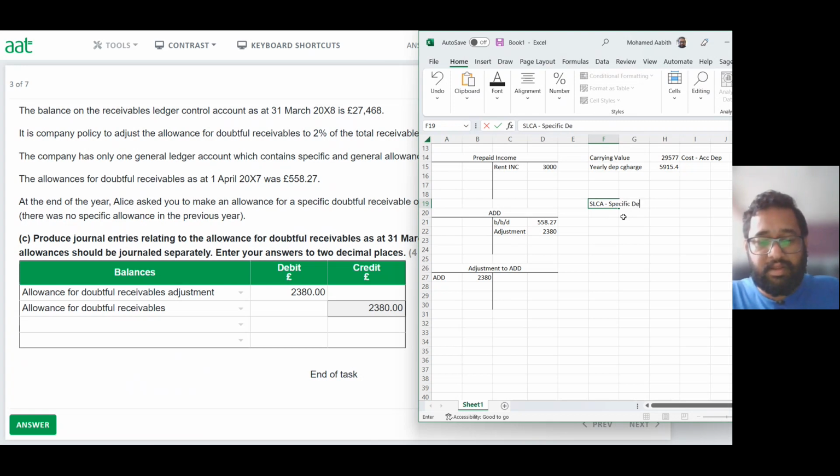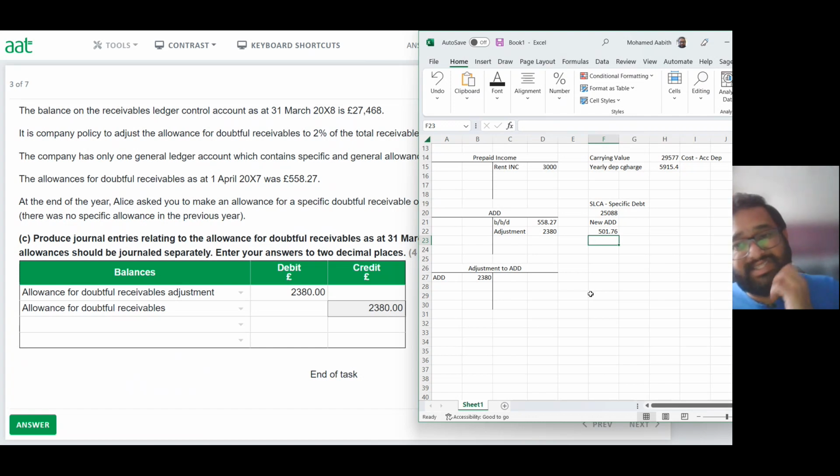Specific debt is 2,380. So 27,468 minus 2,380. So this is the amount. So what is the new allowance for doubtful debt value? The new allowance for doubtful debt is going to be 2% of that one. So we multiply this by 2%, and I'm getting a new value of 501 pounds and 76 pence.